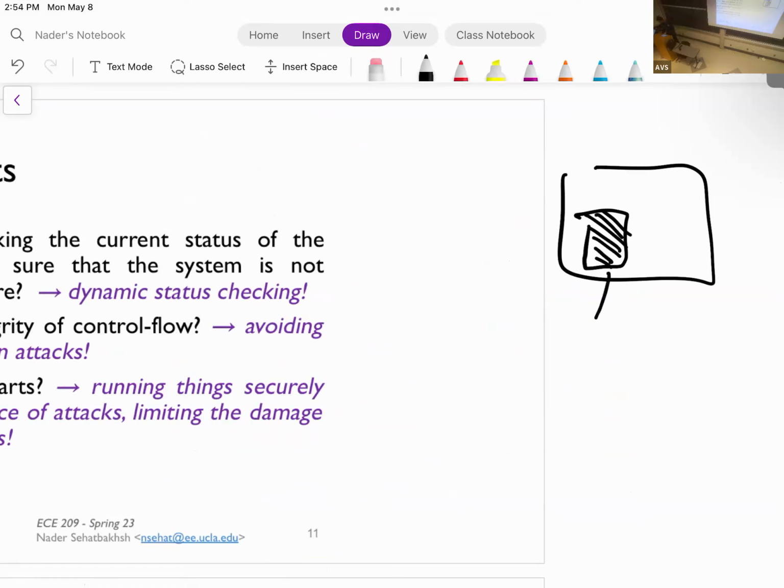We usually call this enclaves. Essentially these are parts of the system where the hardware is literally physically separate from the rest of the system. So even though the rest of the system is compromised, I can still trust this part of the system. Okay. So how can I implement that? How can I use that?